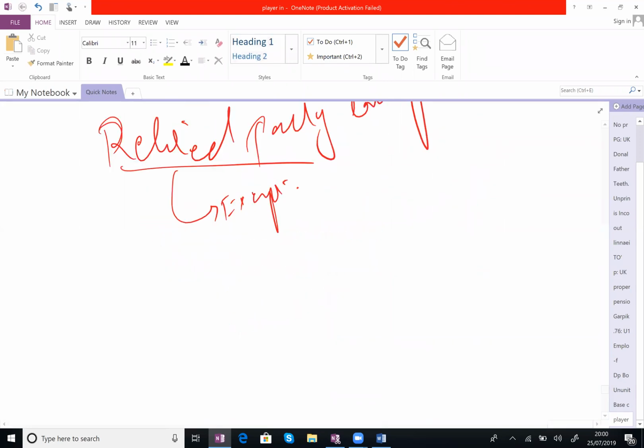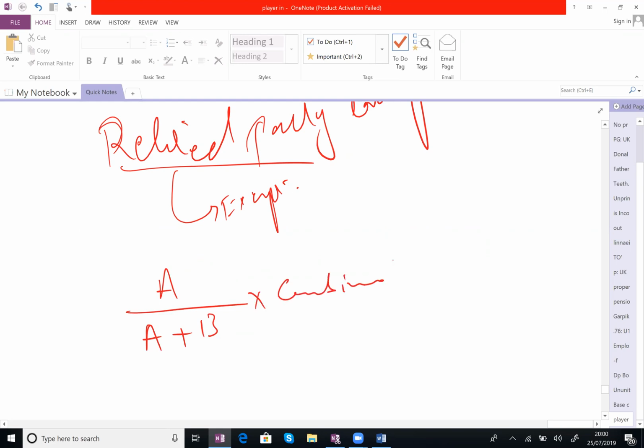According to this rule, how do you calculate the value before and after the gift? A divided by A plus B, multiplied by the combined value. A means the donor's wealth. The donor is who is gifting the asset. And B is the related party wealth.